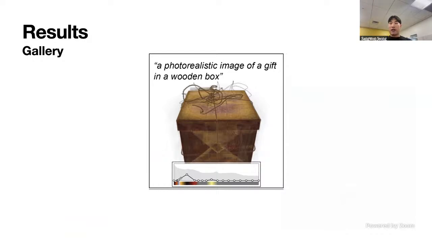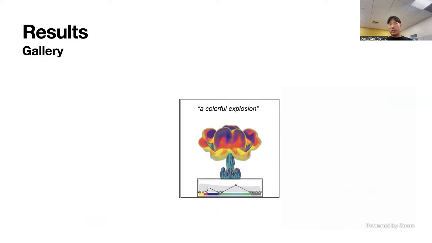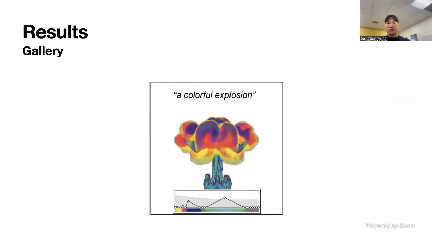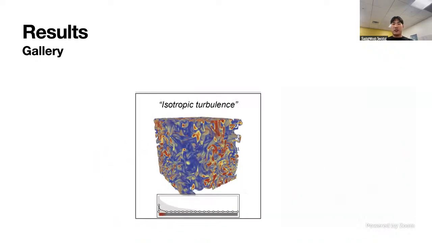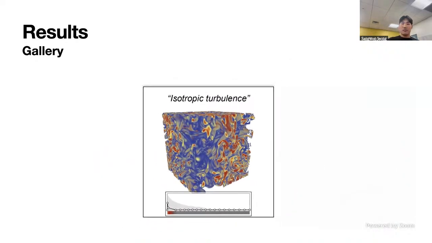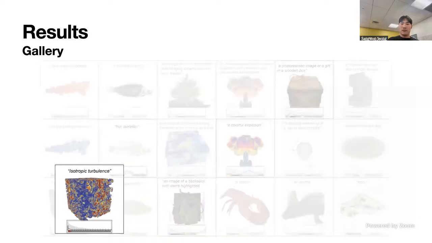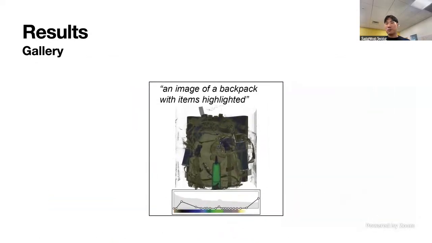The method also handles more abstract prompts, such as colorful, effectively generating the appropriate transfer function. T2TF can also be applied to scientific volumes, and it allows users to identify specific parts of the volume, like the bag example here, where users can have some items highlighted.